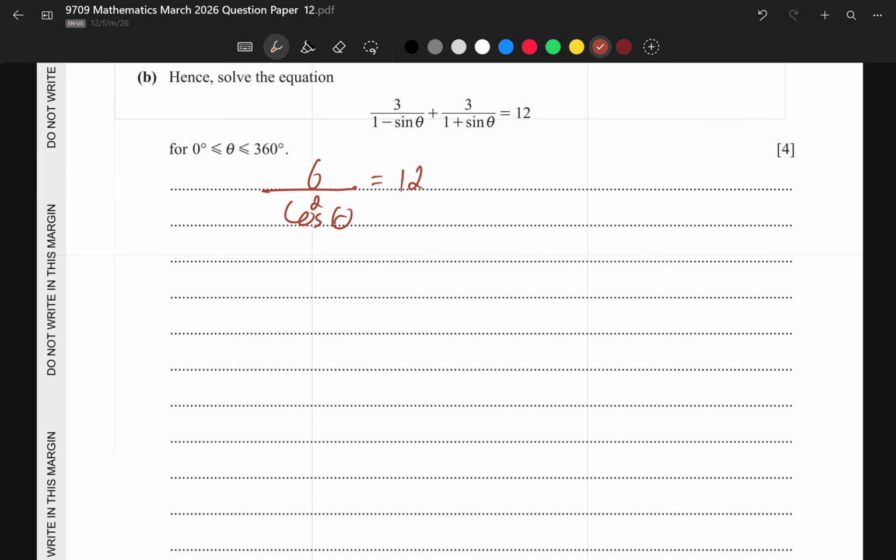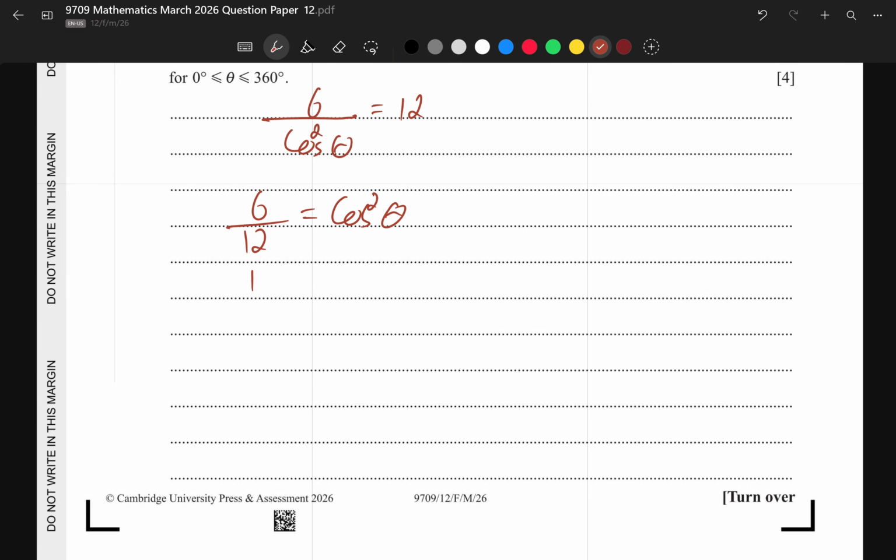Now if we shift the sides, we'll get 6 upon 12 is equal to cos square theta, which is equal to half is equal to cos square theta, and square root of half is equal to cos theta.